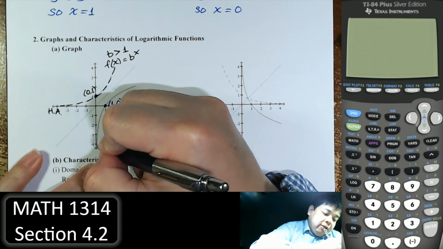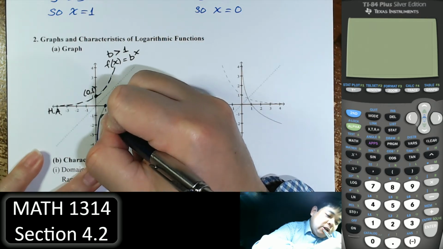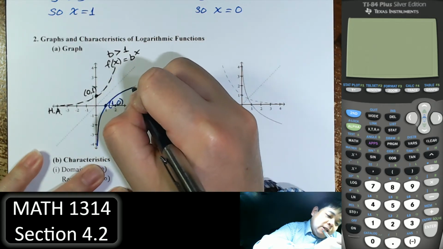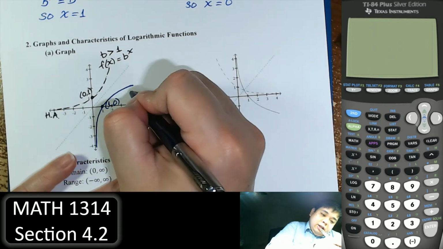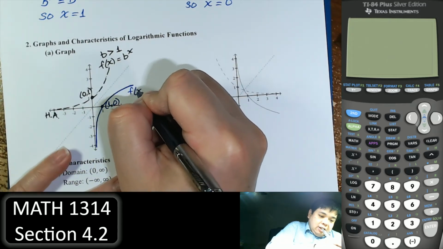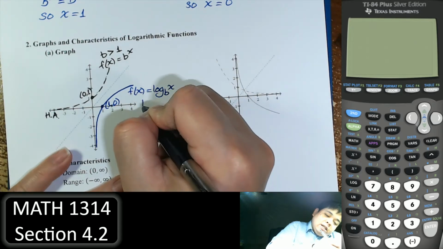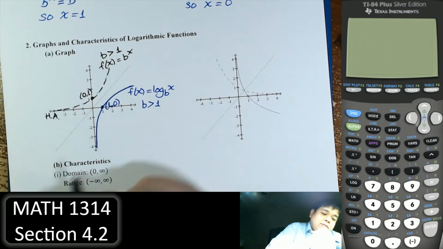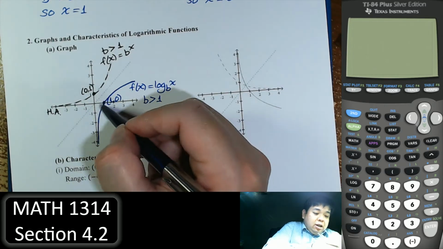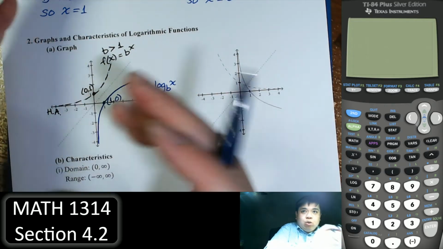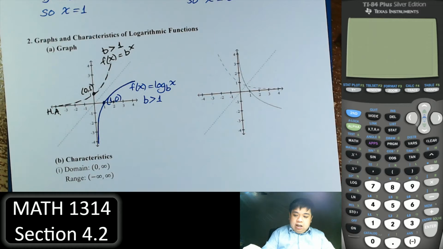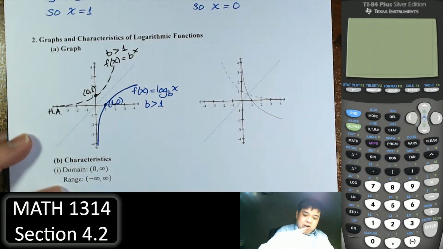And the graph of the logarithmic function goes like this. So it is f of x equal to log base b of x. In this case, b is greater than 1. So normally we swap all the points, x to y, y to x. The horizontal asymptote becomes the vertical asymptote.